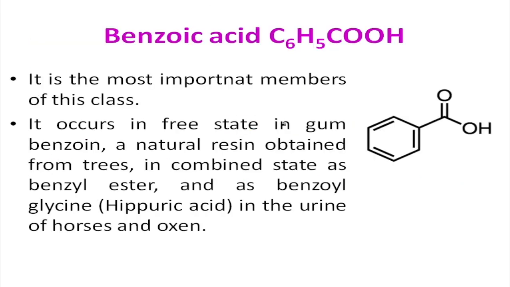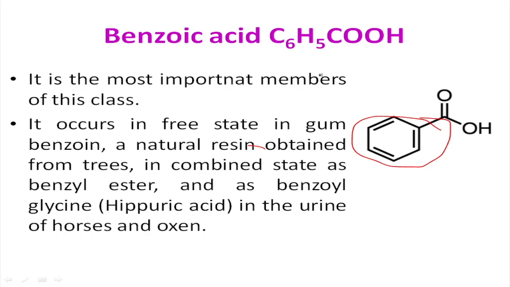Benzoic acid. Benzoic acid structure: C6H5, this part is the benzene ring, and COOH. Benzoic acid is an important member of the carboxylic acids. In the free state it occurs in gum benzoin, a natural resin.